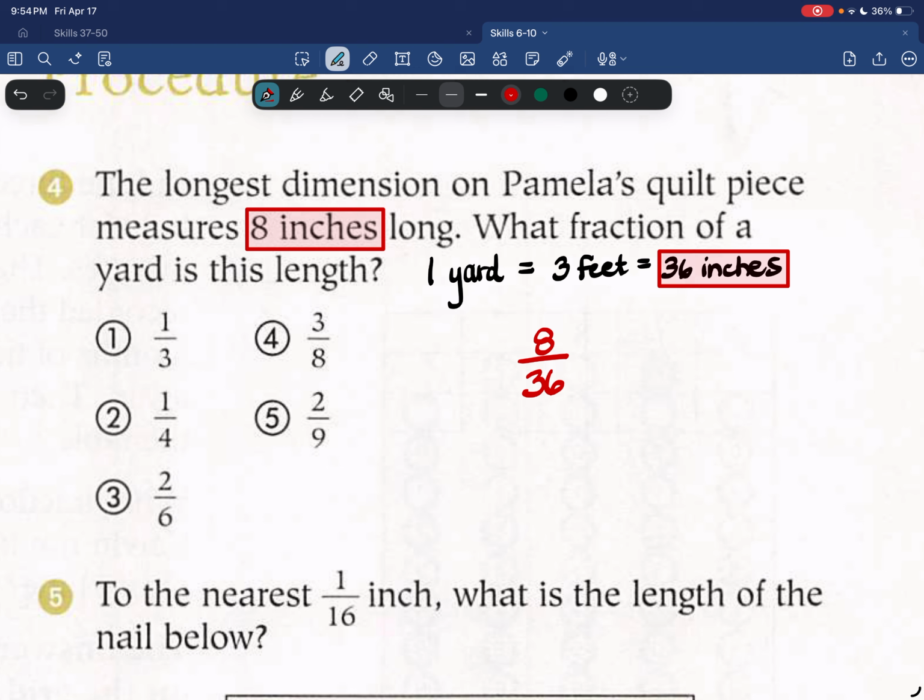You can divide both the 8 and the 36 by a 4. 4 into 8 goes 2 times, and 4 into 36 goes 9 times. So that fraction in lowest terms is 2/9, or number 5. I like that question, but you do need to know that the yard is 36 inches.